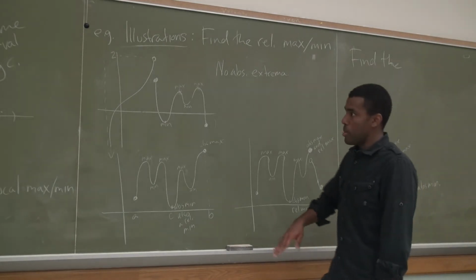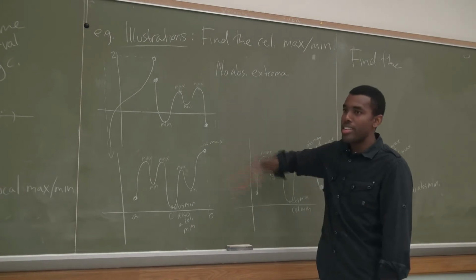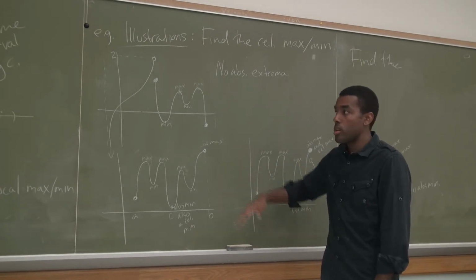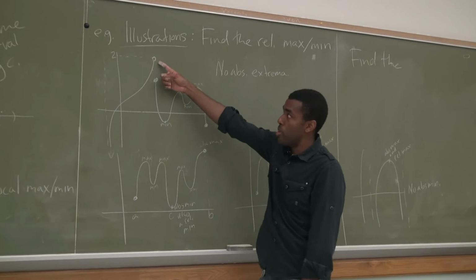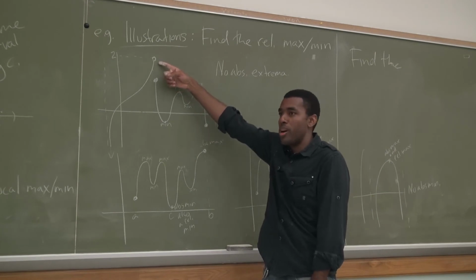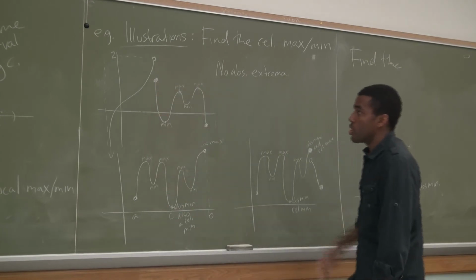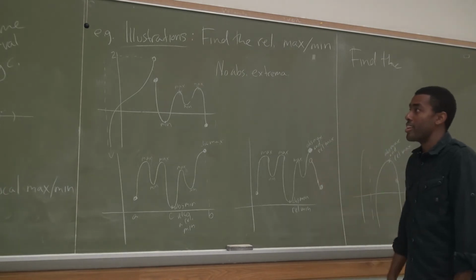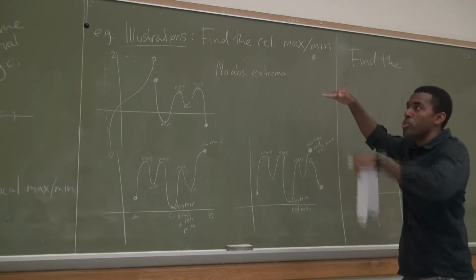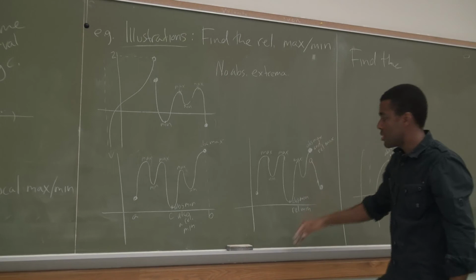Remember, the point is you have to be able to say that this y value is higher than everyone else within some vicinity. You can't say that about this point because there is no highest y value that it obtains. It's always trying to get to 2, but it never gets there. And any number you pick before 2, it will eventually pass that number.